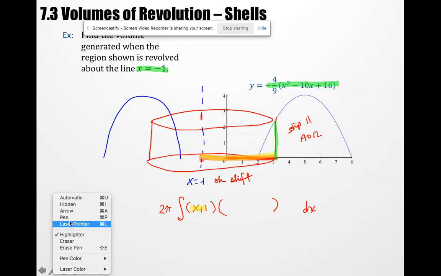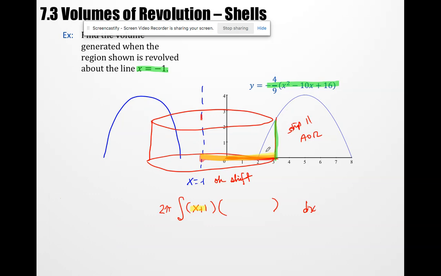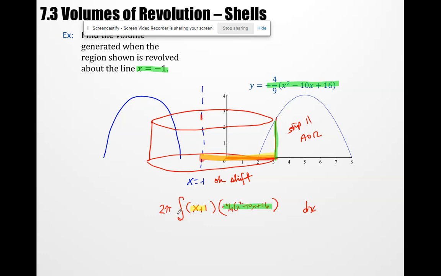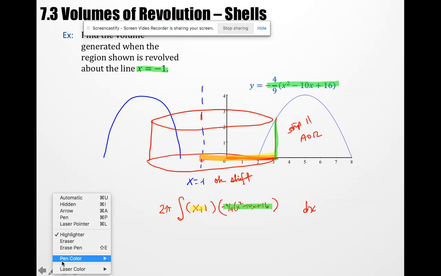Think about what you would do if this was off of the axes, right? You would have to do top minus bottom. Two pi radius times the height. Where do you start drawing strips?